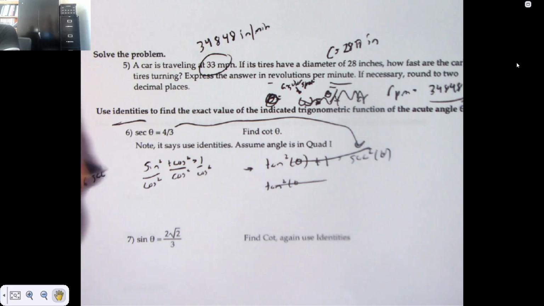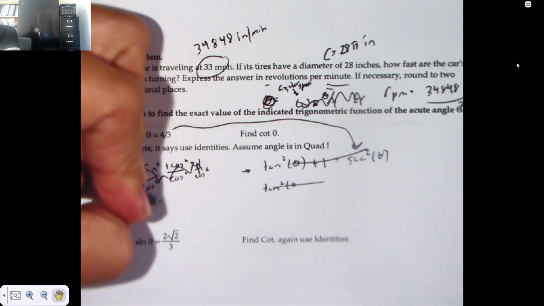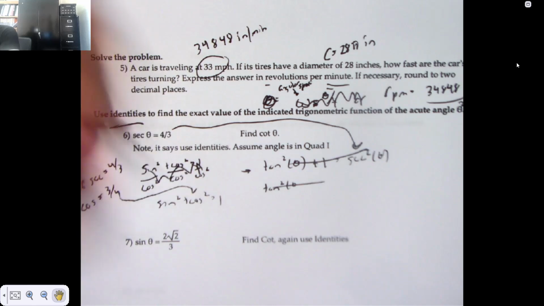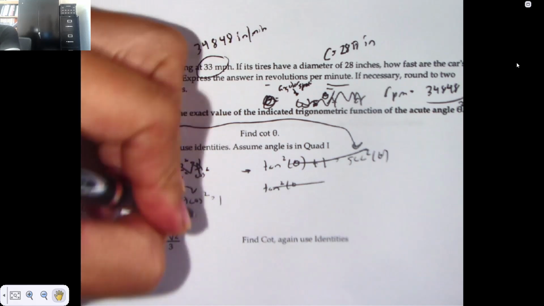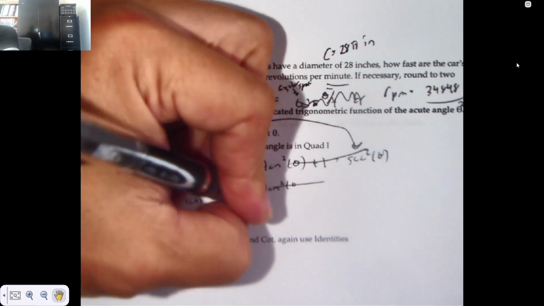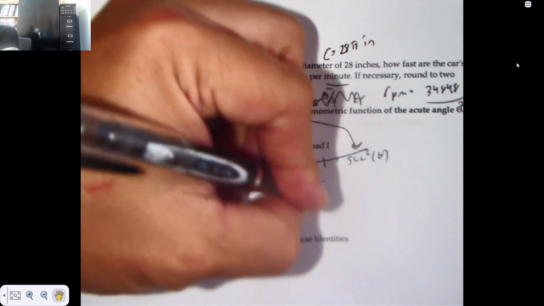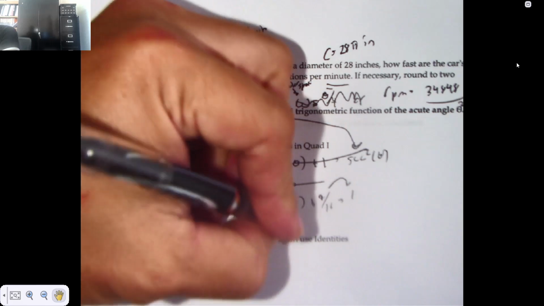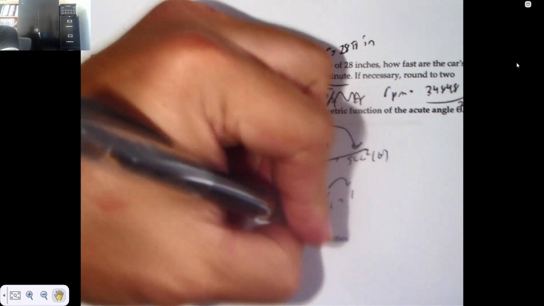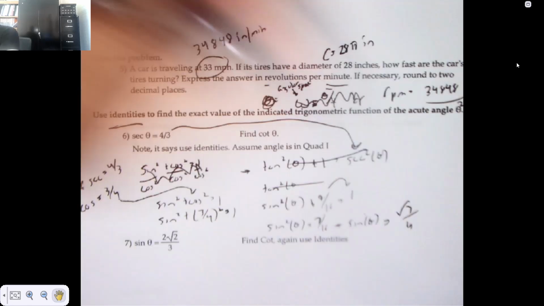If secant is 4 over 3, cosine is 3 over 4. Sine squared plus cosine squared is 1. Sine squared plus 3/4 squared is 1. 3/4 squared is 9/16. So sine squared of theta plus 9/16 is 1. I'm going to subtract 9/16. Sine squared of theta is 1 minus 9/16, which is 7/16, which means that the sine of theta is going to be square root 7 over 4.